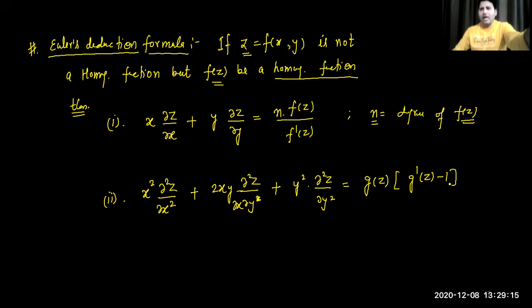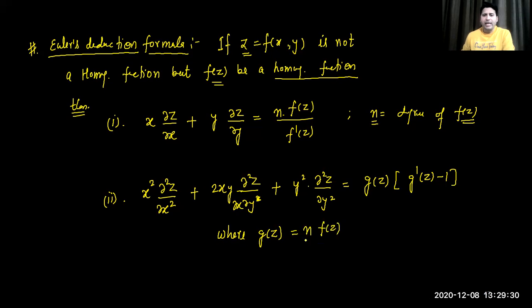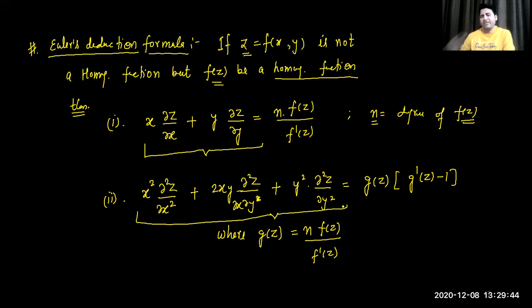These two are known as Euler's deduction formulas, students. Here g(z) is the result obtained in the first one, that is n into f(z) upon f dash (z). If you remember, the left side is the same as we have done in Euler's formula, but that is for the homogeneous function.